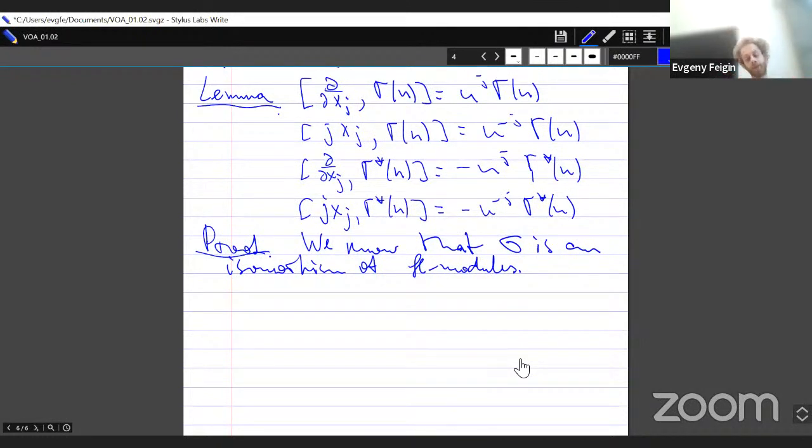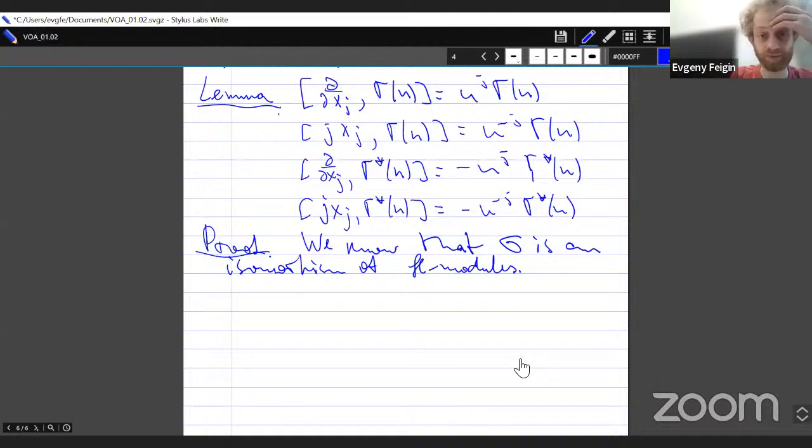So this is just by construction. And also we know that these operators d over dxj and j times xj are exactly the operators corresponding to the Heisenberg algebra.